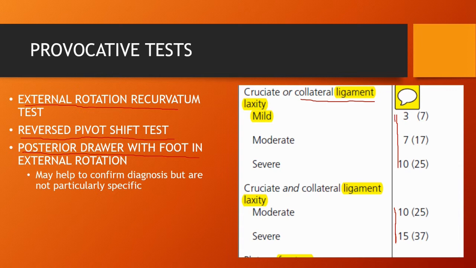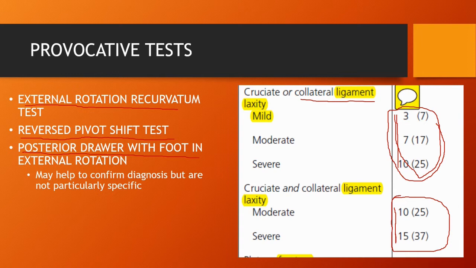So it would be the exceptional case that qualifies for isolated injury, and it would be the more general case, the more numerous cases, the more common cases that qualify for the higher impairment ratings because of the co-occurrence of collateral and cruciate ligament injuries simultaneously. Okay, so always assess your examinee for all the ligamentous structures around the knee and be forever aware and attuned to the possibility of the coexistence of these combined ligamentous injuries.